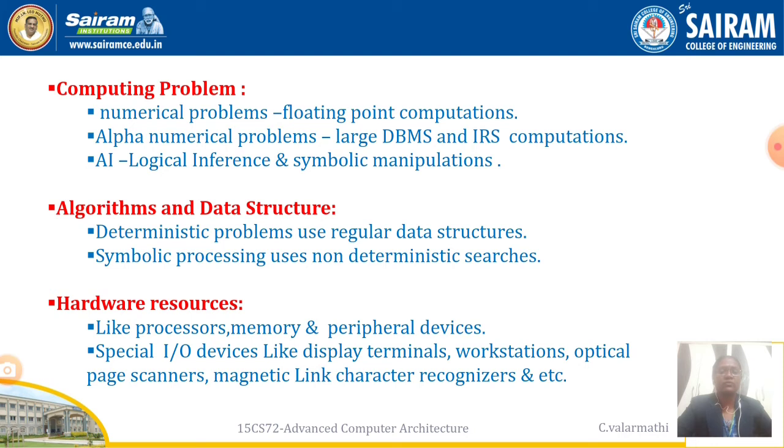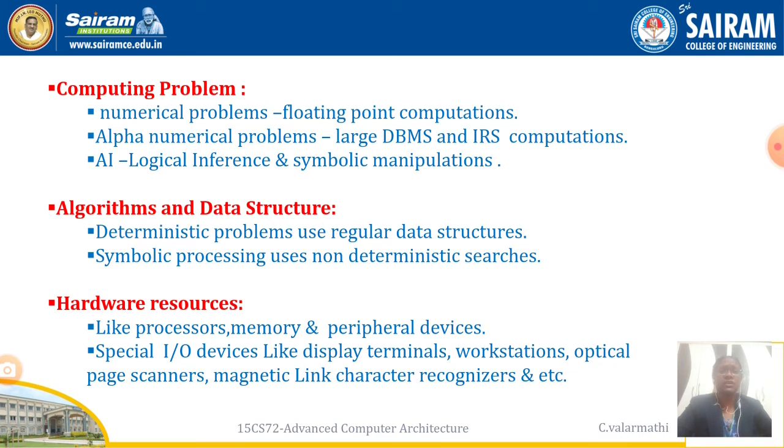For that, we can use some symbolic processing. Some artificial intelligence problems come under non-deterministic problems only, because their processing will be case to case, it will vary. So this kind of problem comes under the category of non-deterministic problems.